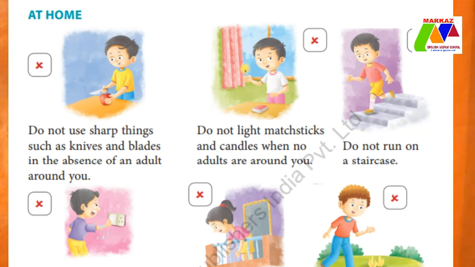Do not touch electrical appliances, switches and plugs with wet hands. You may get an electric shock. Now all of us have mobile phones at home, irons, toaster, fridge, so many electrical gadgets. But remember never to put your hand into the plug points. You may get a shock. Never touch any switch with a wet hand. Never touch any electrical gadget with a wet hand.